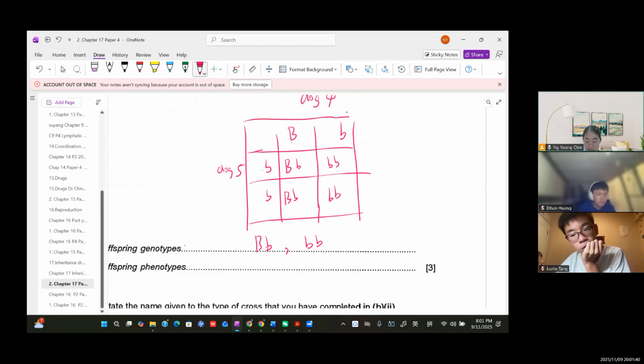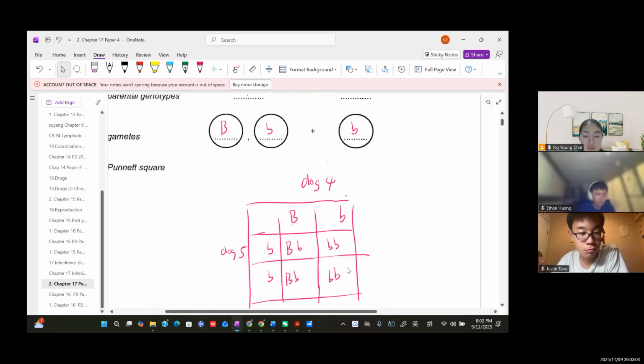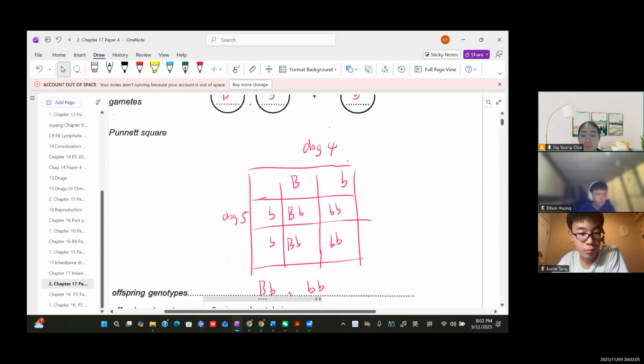This is the genotype. So how about the offspring? For the offspring, you can write that it's a carrier, and acatalasia. Okay. So like this, you get full marks.